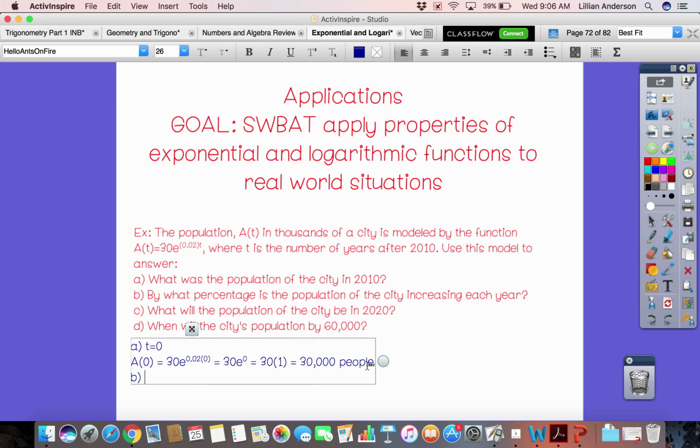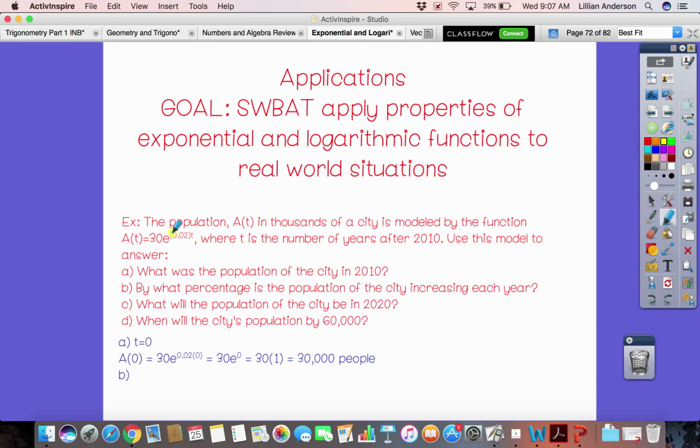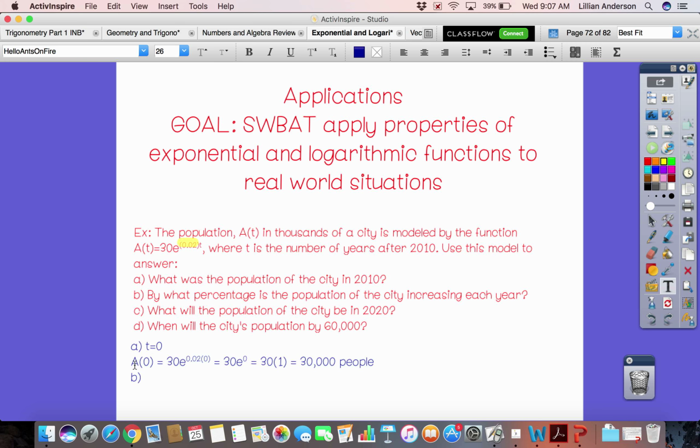It's actually asking you how fast is the population increasing? What is the rate? And that answer is right there in your equation in the exponent with the t. Okay, so that decimal represents the rate in which it's increasing, and so all you have to do is take that number and multiply it by 100 to actually get the percentage. So the percentage that is increasing is 2%.